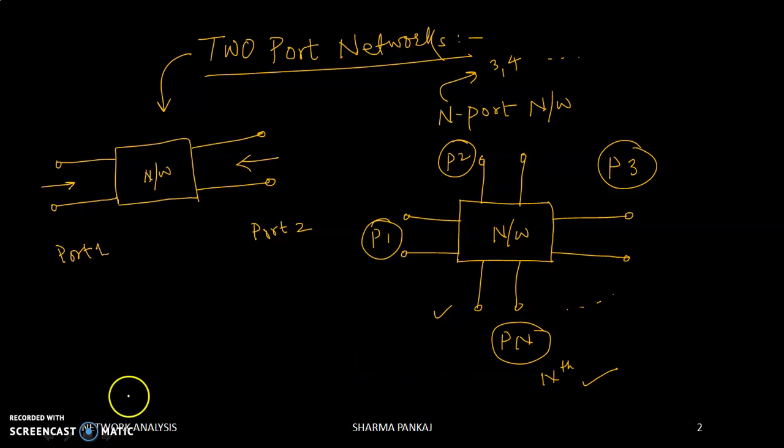Now let us move towards the two-port network definition. There are port 1, that is 1 and 1 dash, and port 2, that is 2 and 2 dash. Here this is I1, this is I2.